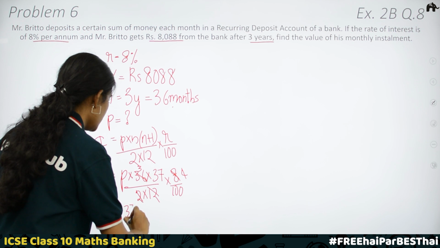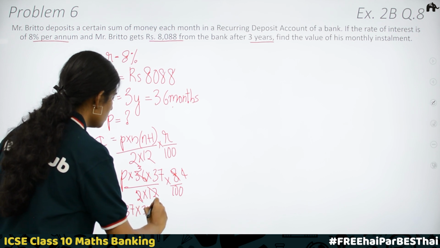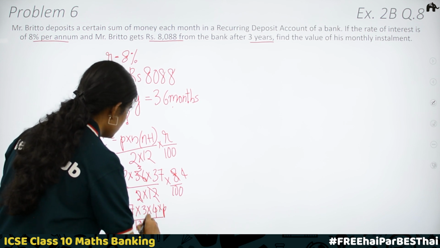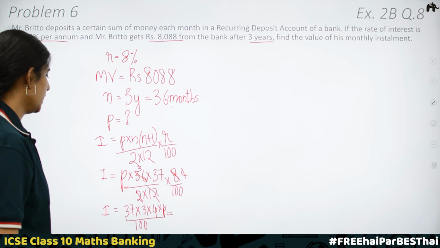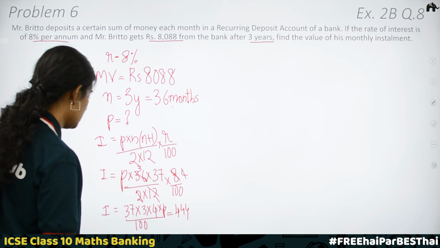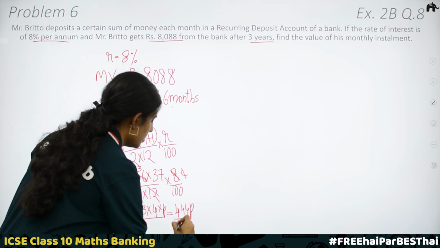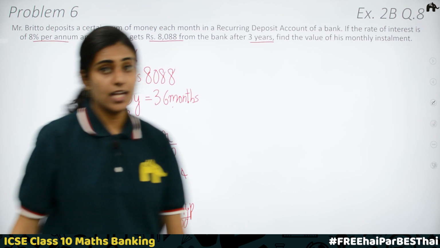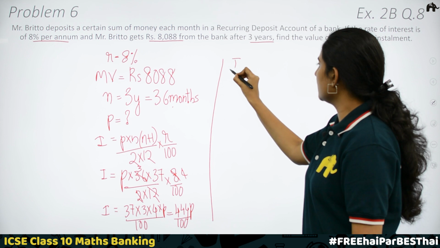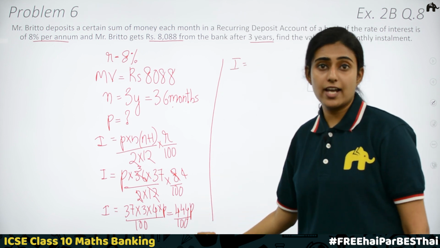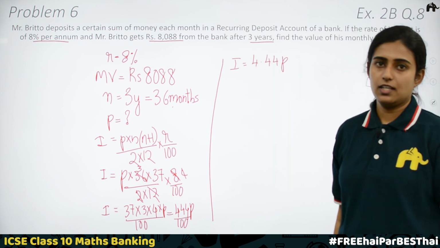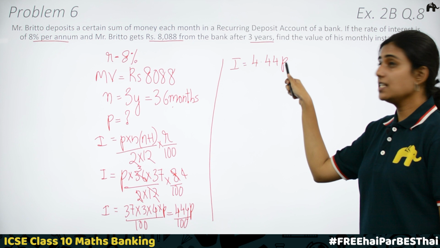That is 37 into 3 into 4 into P divided by 100. You will be getting 444 P divided by 100. I in terms of P. That is, I is equal to 444 divided by 100, 4.44 P.